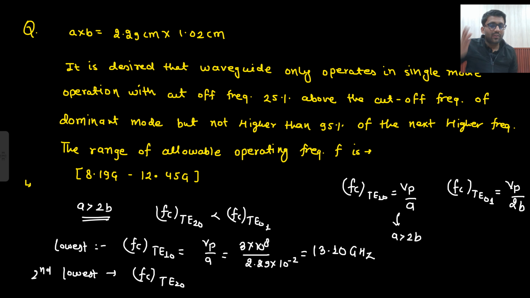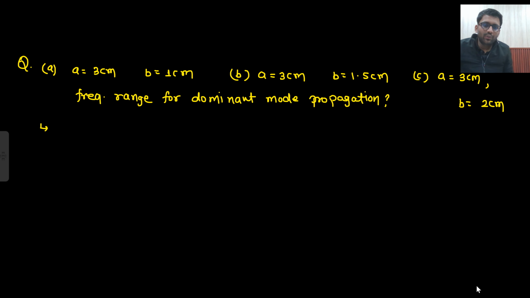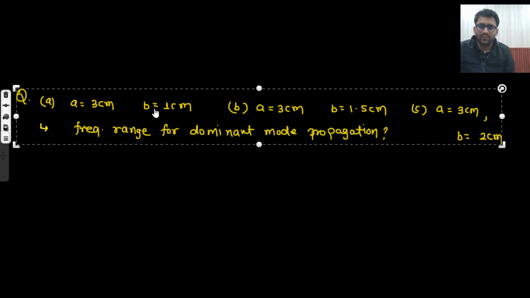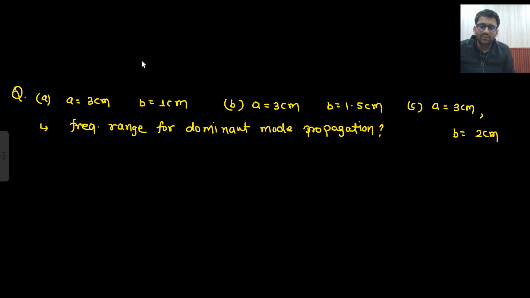So it should be 25% more. So what should your range be? Your range should have 6.55 as the minimum cutoff frequency, but 25% more, that means I need to multiply with 1.25.